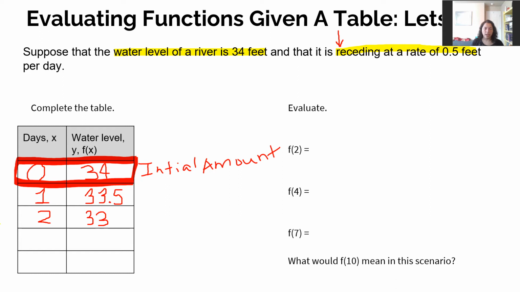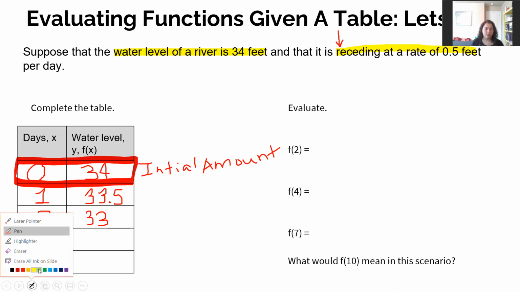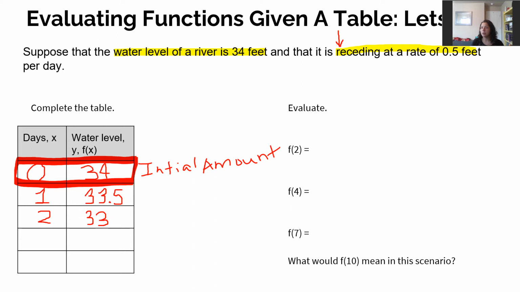Now, in this case here, I would say f of 2, let me get a different color highlighter actually. There we go. So we have f of 2 right here would be equal to, that looks ugly, but I would say 33.